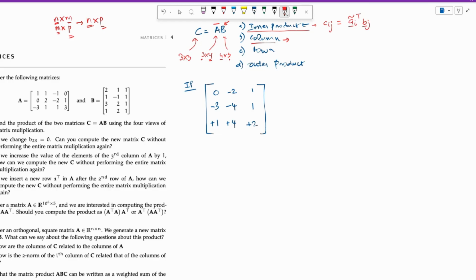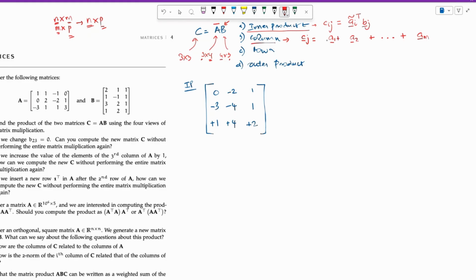That means there is one scalar in the jth column of B for each column of A. Now, in the column view, you get the jth column of C as a linear combination of the individual columns of A, A1, A2, and I'm going to assume there are m columns of A. Each of these is an n-vector.